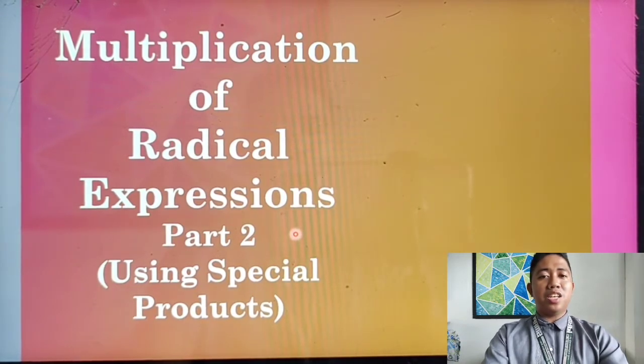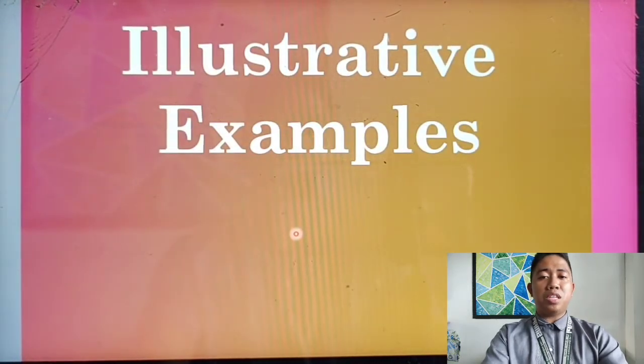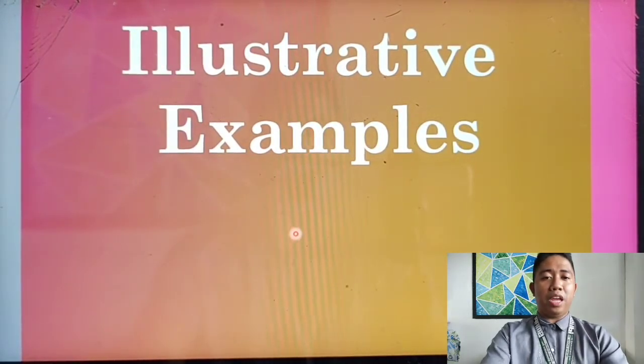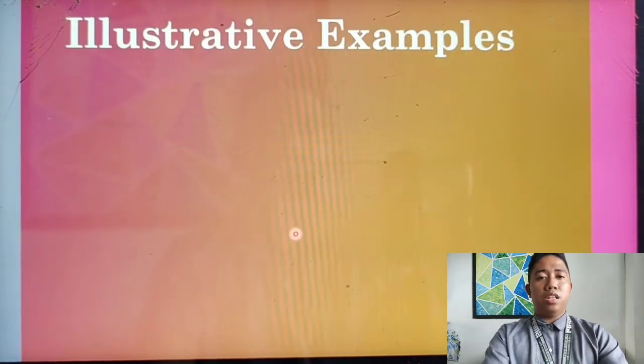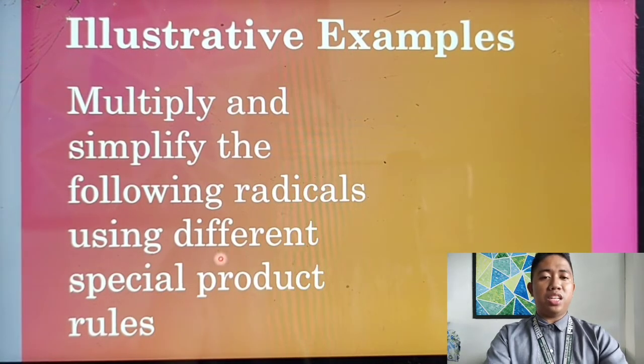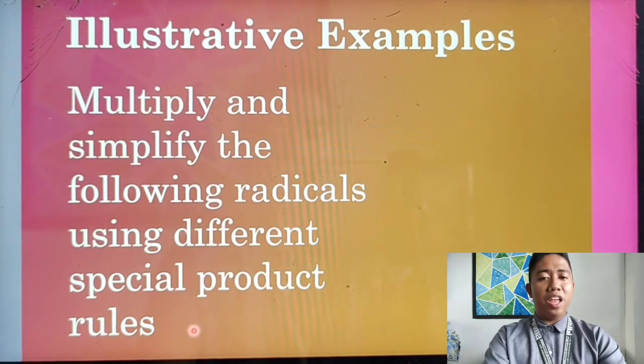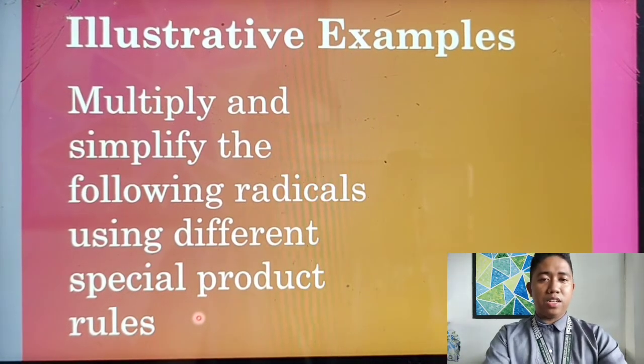So in order to learn how to multiply radical expressions using the special products, I will illustrate some examples on how we will simplify radical expressions involving products. So let us start with the first one. You will multiply and simplify the following radicals using the different special product rules. As I have already mentioned before, the 4 different special product rules.